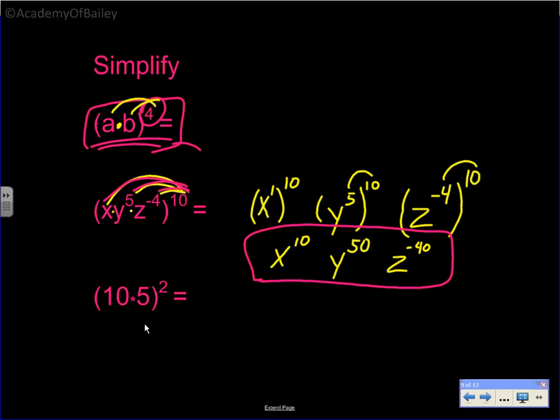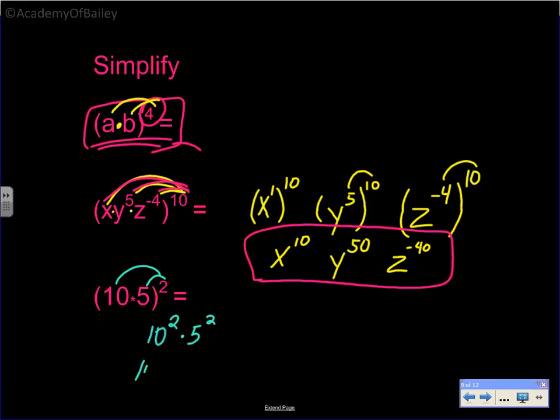So we have 10 to the first power, and we're going to be raising it to the second power. So that's going to leave us with 10 squared. And then we have 5 to the first power raised to the second power, so that's going to be 5 squared.